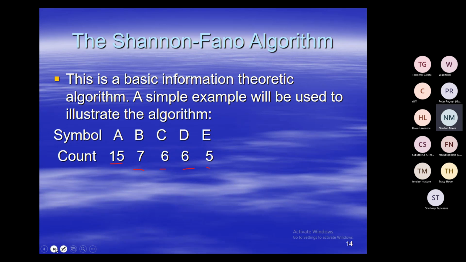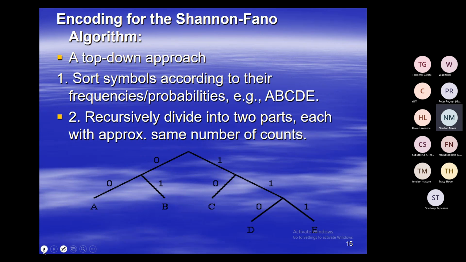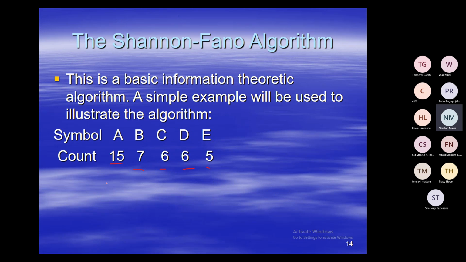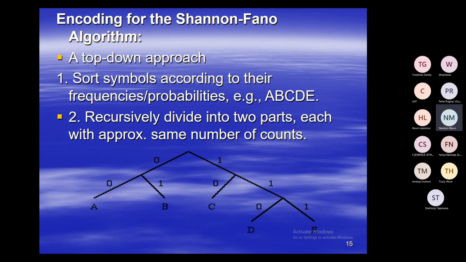Now, if we calculate using our probabilities of occurrence, we are realizing that A now is more frequent, followed by B, followed by C, followed by D, followed by E. Now look at what is going to happen. A is going to have 2 bits, 0, 0. For every A, we are going to send 2 bits.